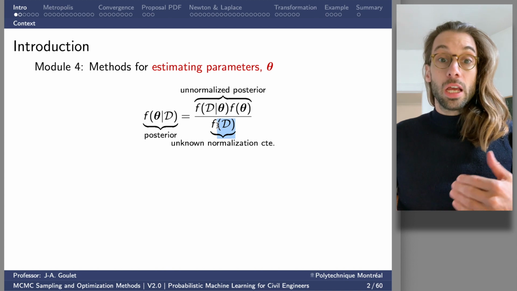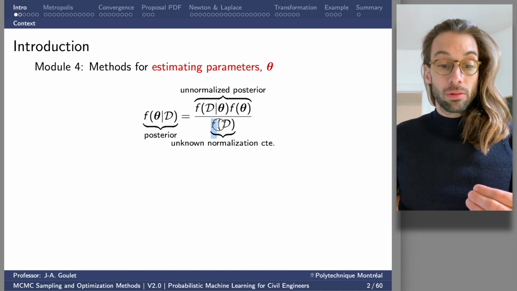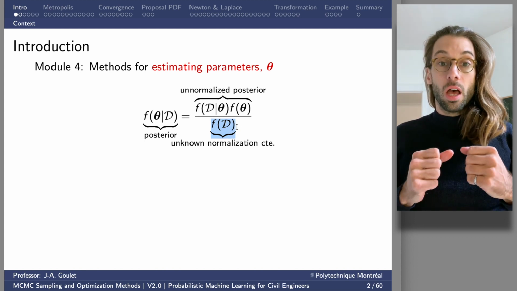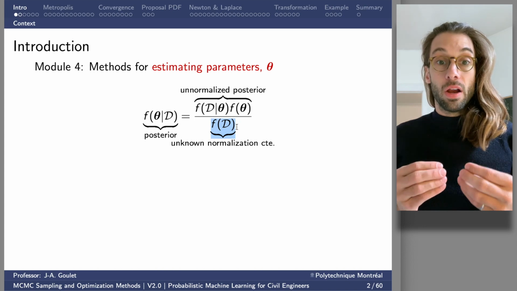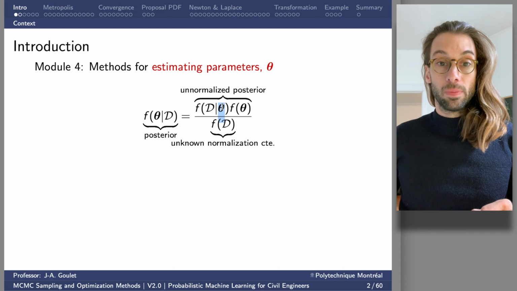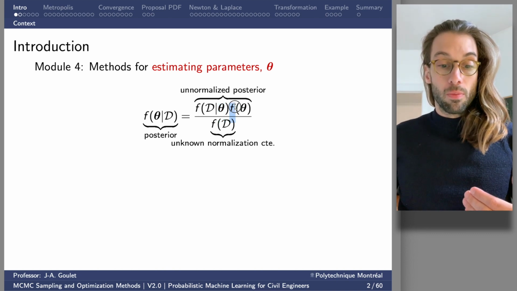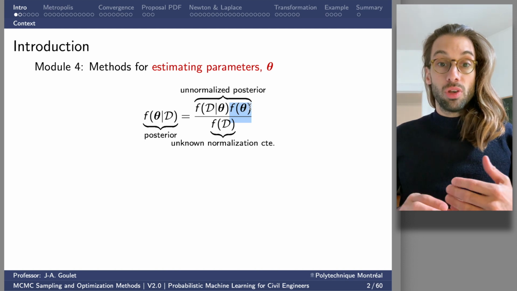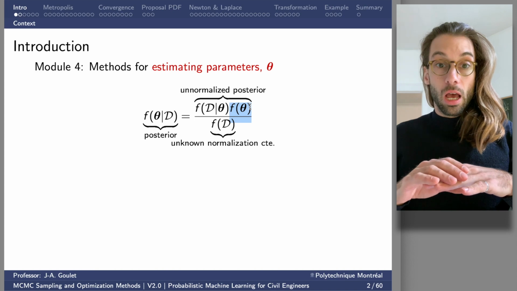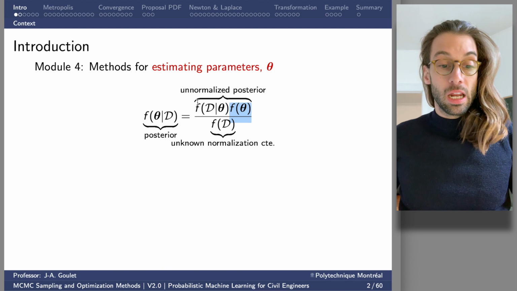But what we saw in module 3 is that it was intrinsically really hard to calculate that evidence, or normalization constant, because it involved an integral, often in a very large dimension because we have many parameters we want to estimate simultaneously. That was problematic because we were taking samples from my prior distribution, which might contain little information, so the probability content might be much more spread out than in my posterior.